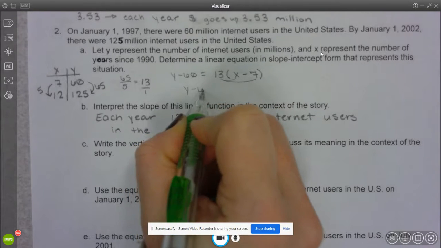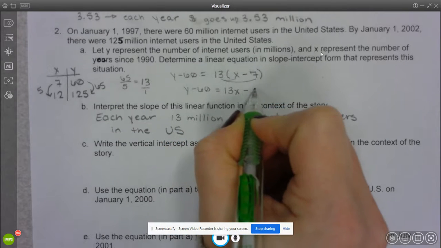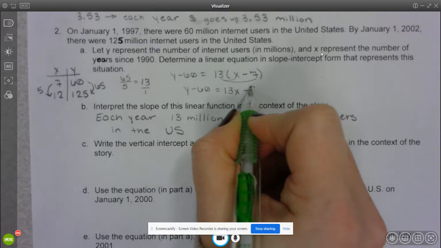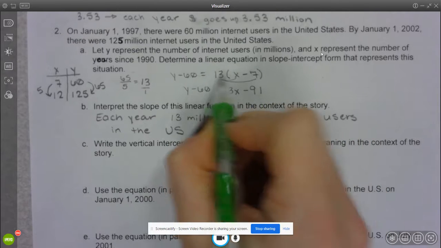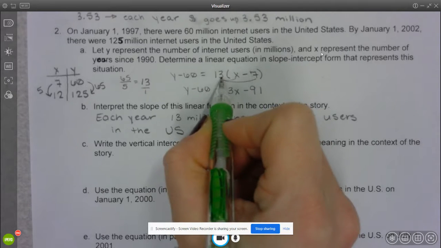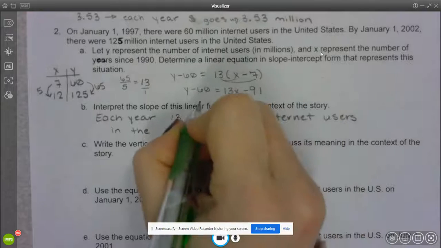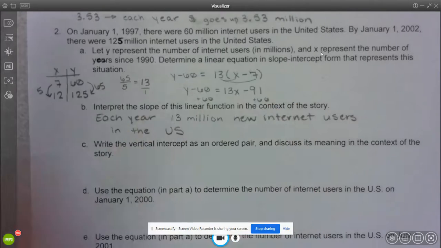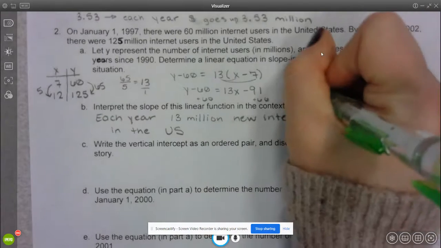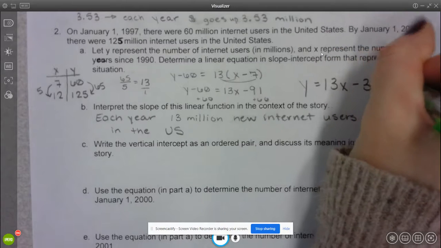So I have y minus 60 equals 13x minus 91. 7 times 10 is 70. 7 times 3 is 21. 70 and 21 added together is 91. And then I would have to add 60. Now I'm getting less negative. So this would be y equals 13x minus 31.